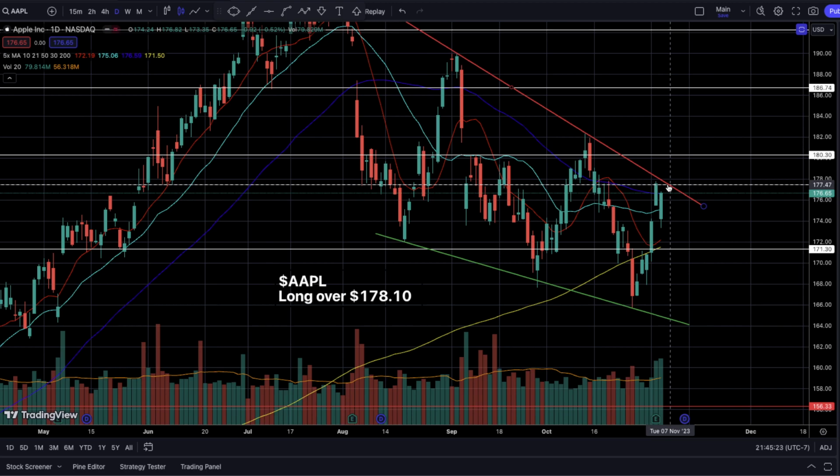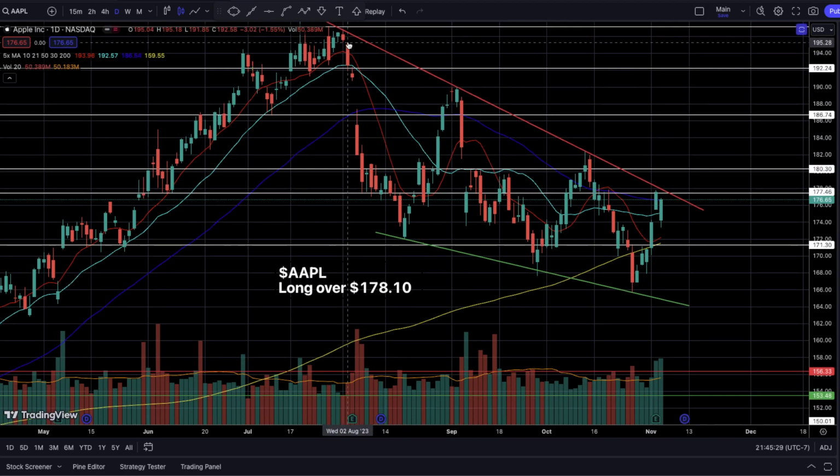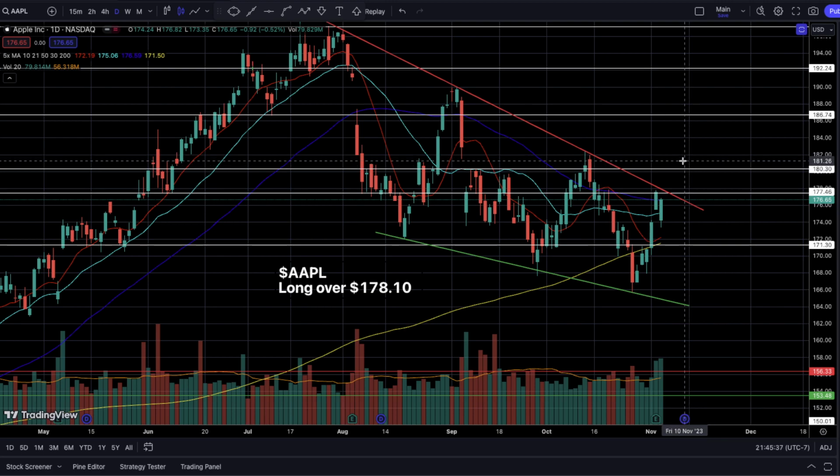And that's still fine as long as we're continuously moving to the upside. When we break over this descending resistance trend line and head up to 180, the next resistance level and also our first target, it really shouldn't matter what the market is doing as long as Apple is continuously moving to the upside, making higher highs and higher lows, a textbook uptrend, right?